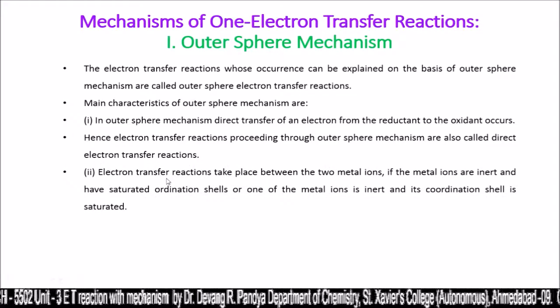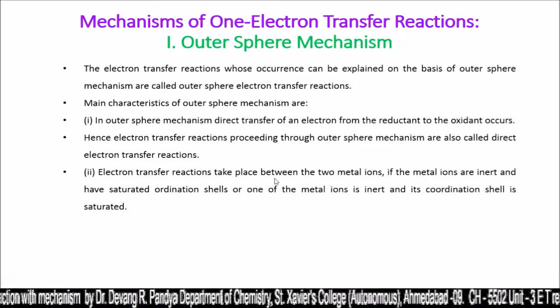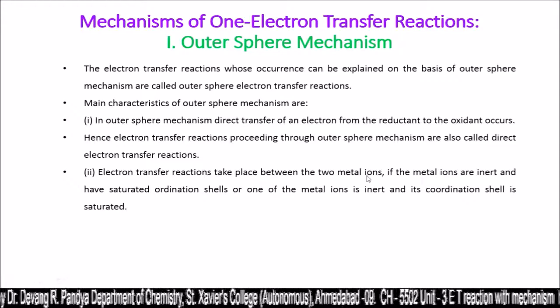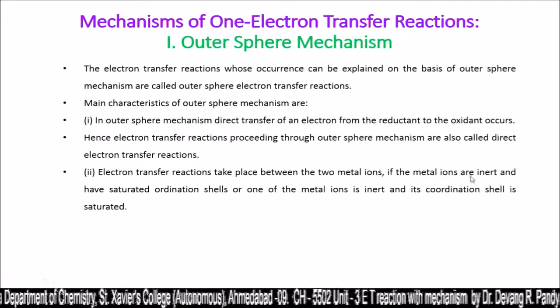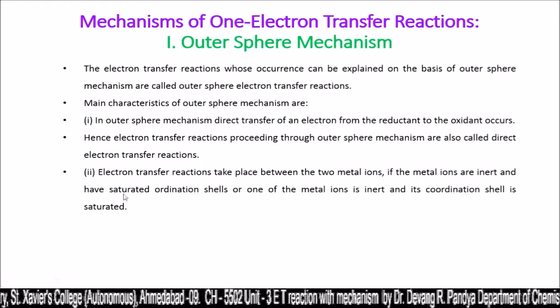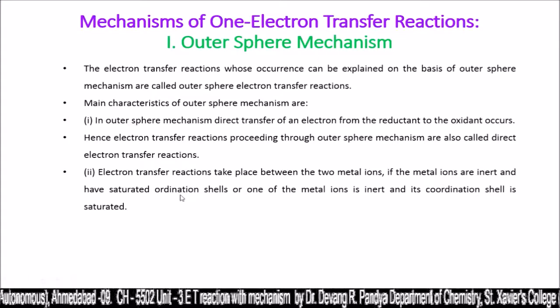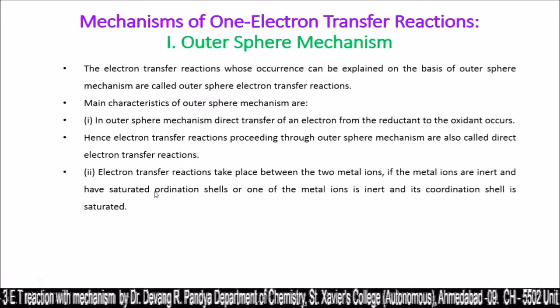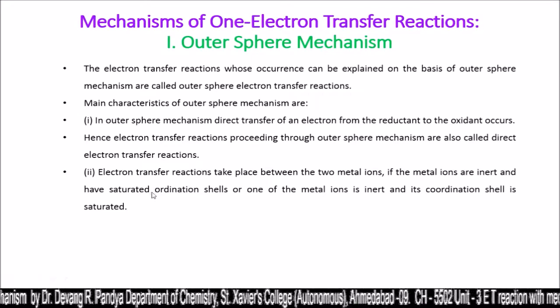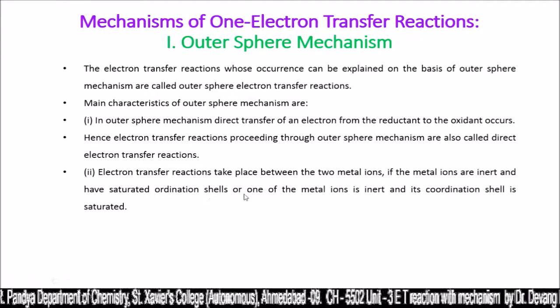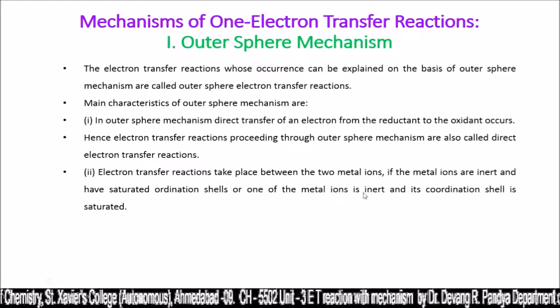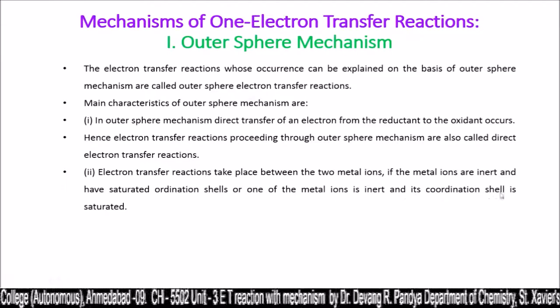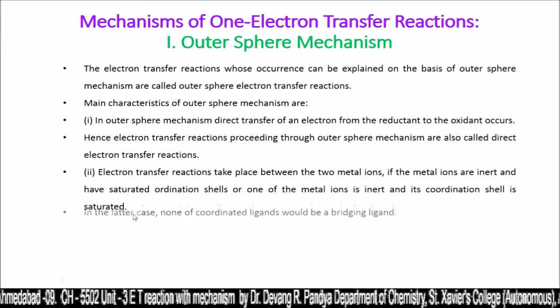Second point, electron transfer reactions take place between two metal ions if the metal ions are inert and have saturated coordination shells, or one of the metal ions is inert and its coordination shell is saturated.